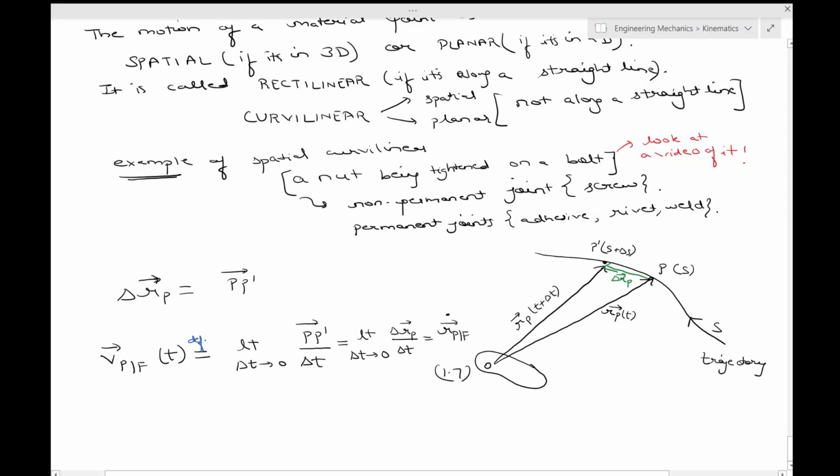Now similarly the acceleration is defined in the frame F at the time t, and this is equal to R double dot P of F at time t.